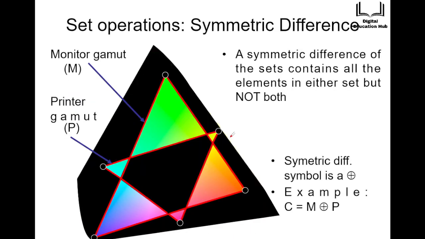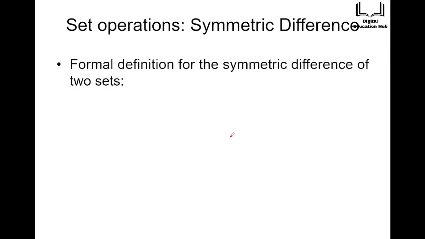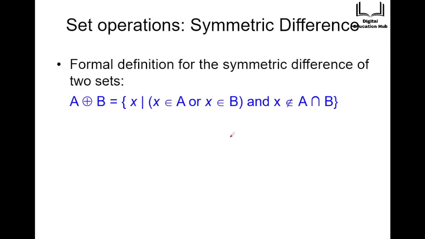The formal definition of the symmetric difference is A symmetric difference B is equal to X such that X belongs to A, that is, X is an element of A or X is an element of B, and X is not an element of the intersection of A and B. So it is not common to them, but it is present in either A or B.